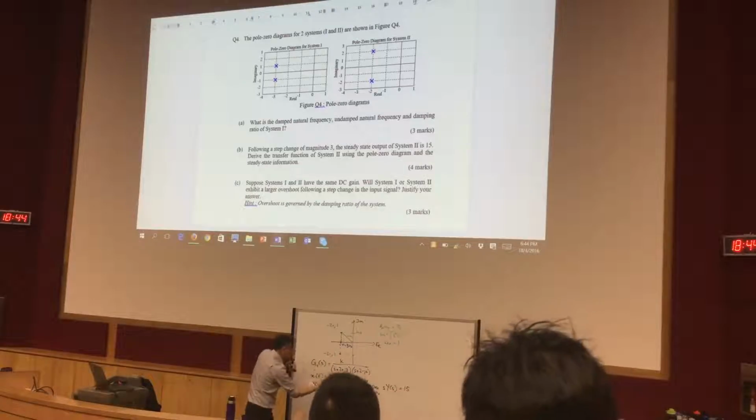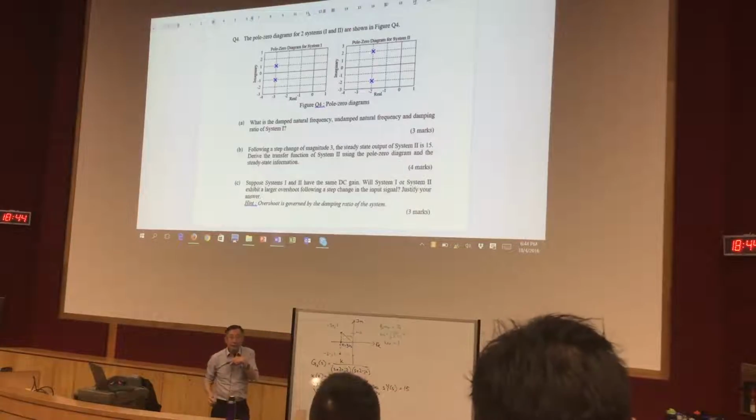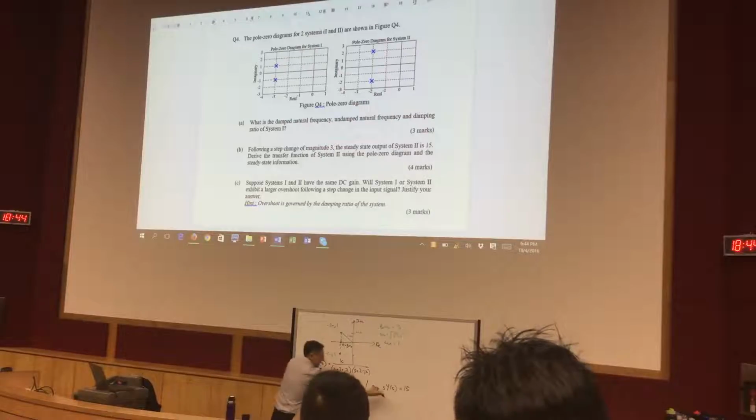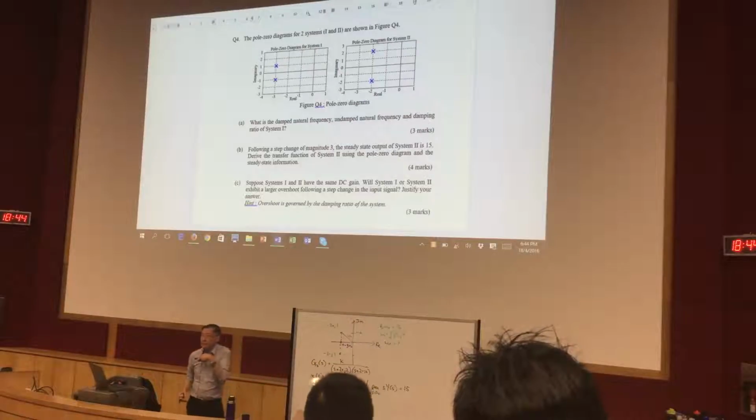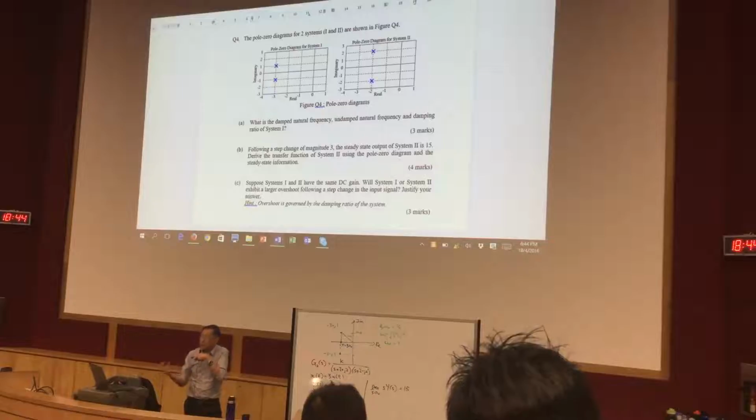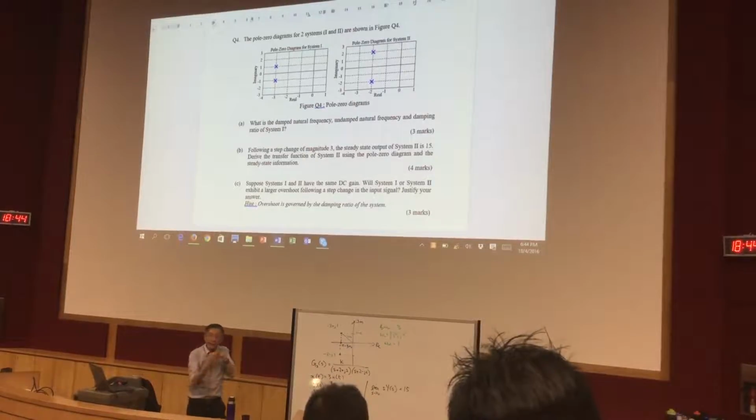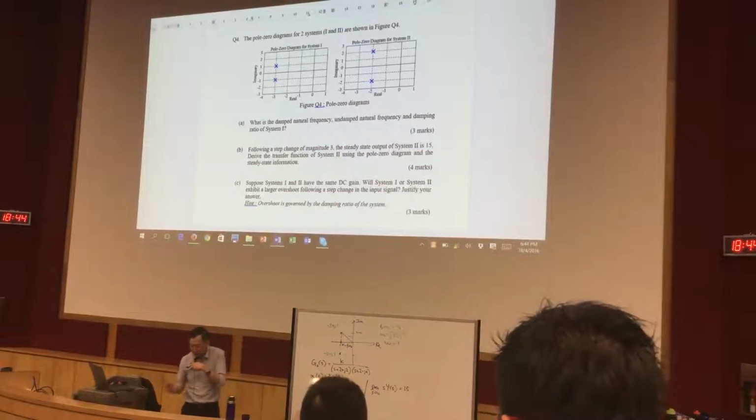So the only unknown is K. When you plug everything inside here, you can solve for K. Then you can get the transfer function. So that's part B. Any question?